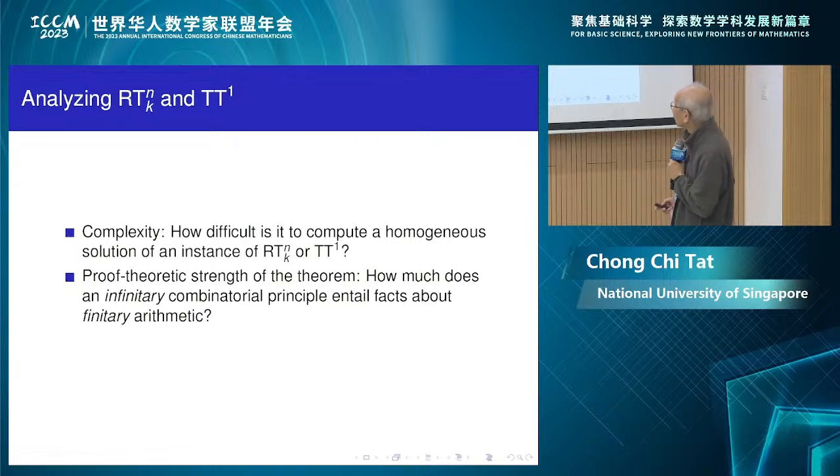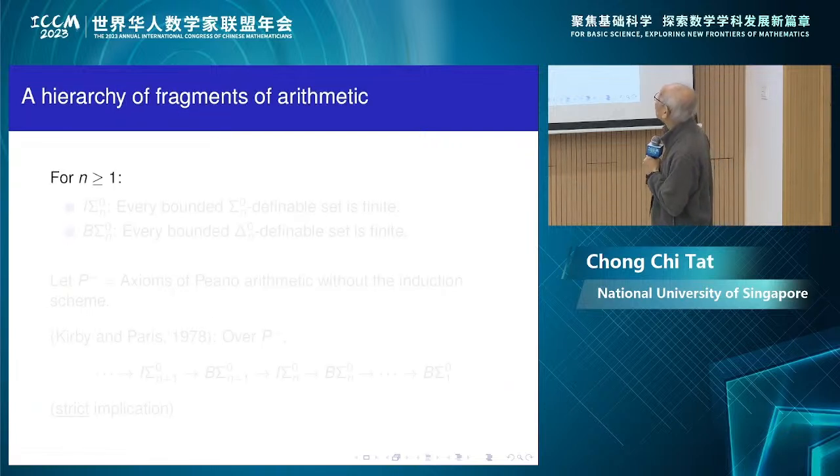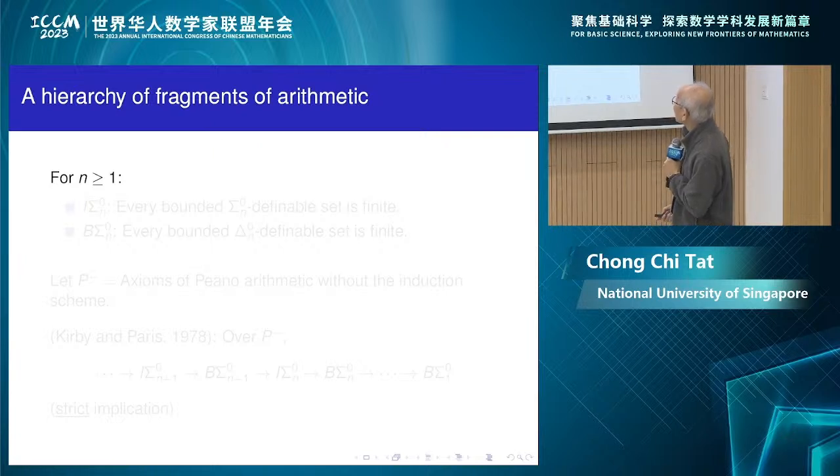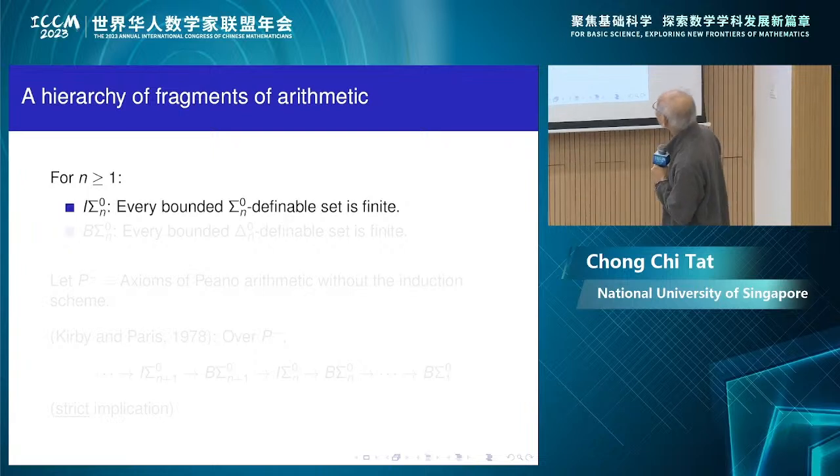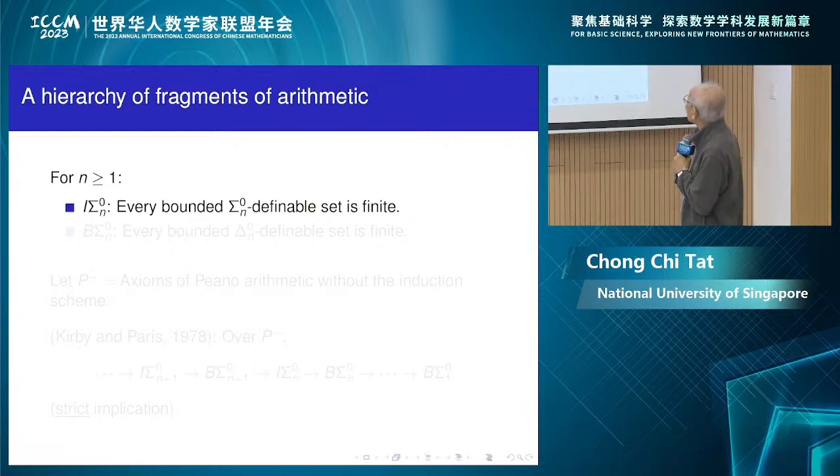So to put this in the correct perspective and to make sense of these two questions, let me introduce this notion of the so-called hierarchy of arithmetical systems. These are what's called fragments of Peano arithmetic. If you recall, by Peano arithmetic, we mean the set of axioms for arithmetic.